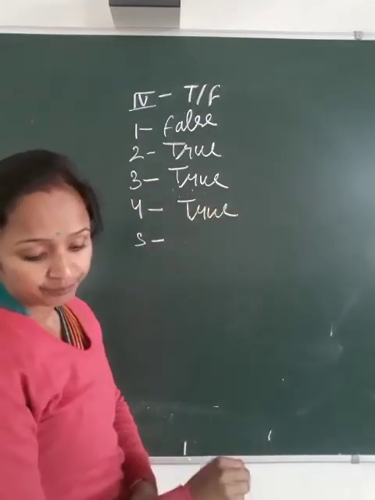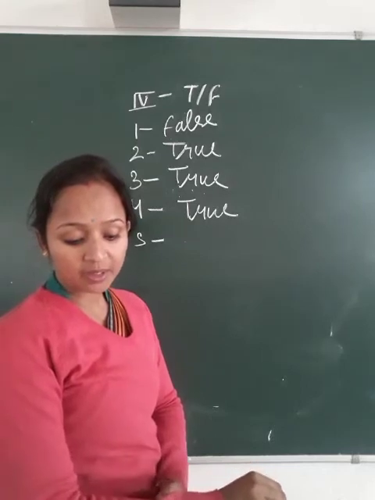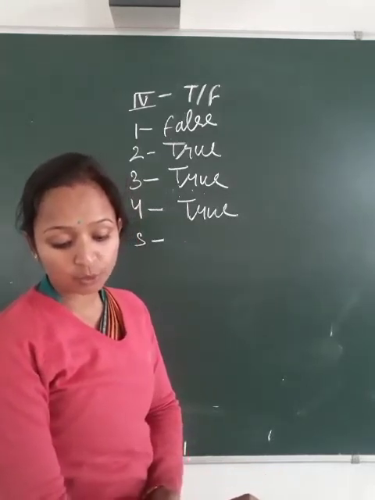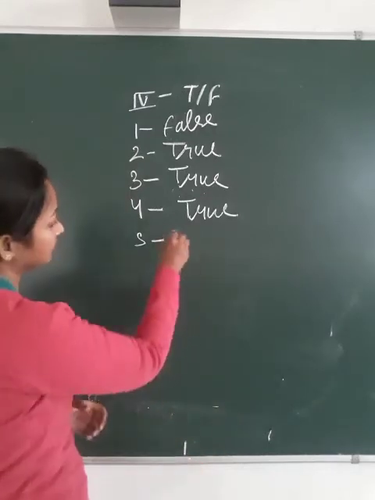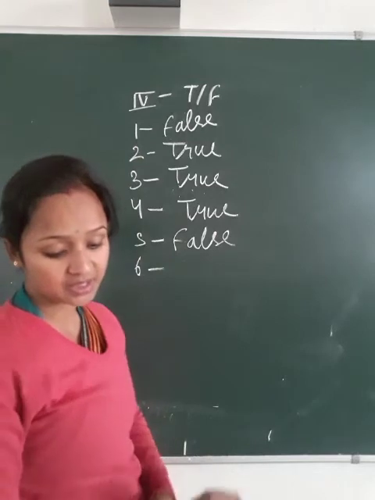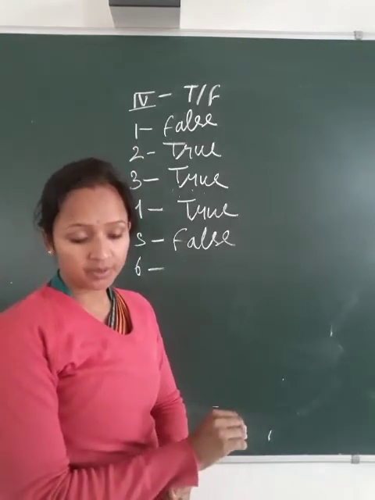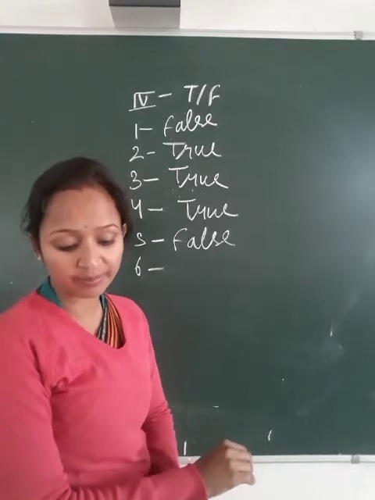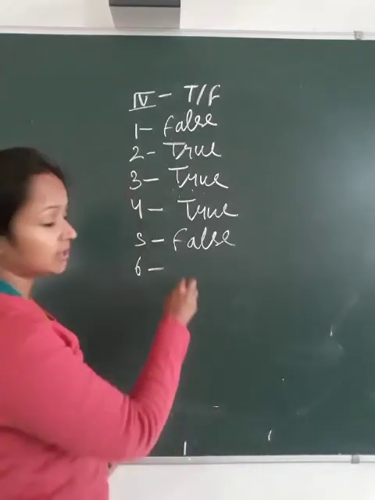Fifth one, the article to be electroplated is always connected to the positive pole of the battery. False. And sixth one, the process of electrolysis can be used in the extraction of aluminium from its ore. That is true.